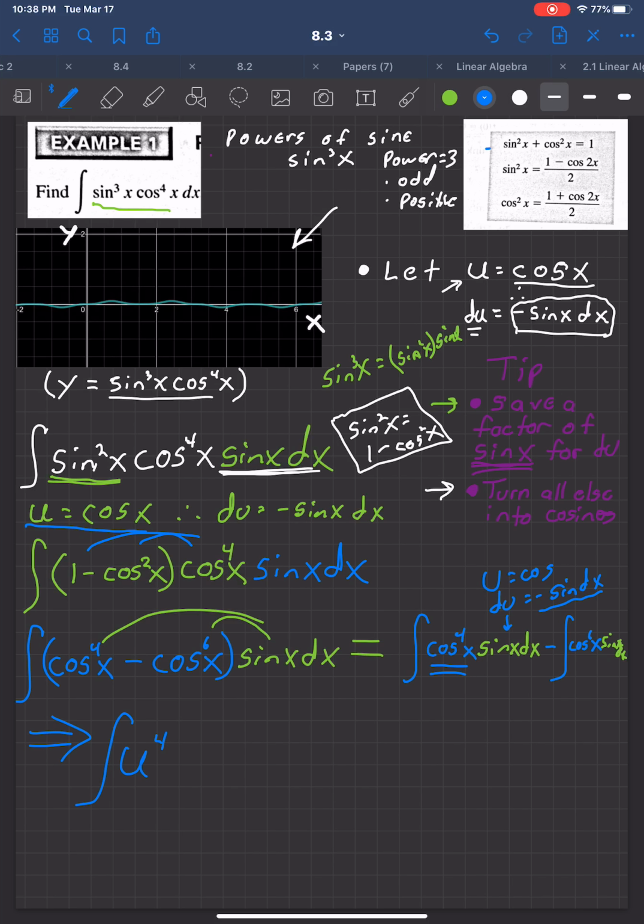So I would have to have a negative here in order to make that substitution, and in order to compensate for that, I'd have to put a negative out in front of the integral. So negative u to the 4th du.